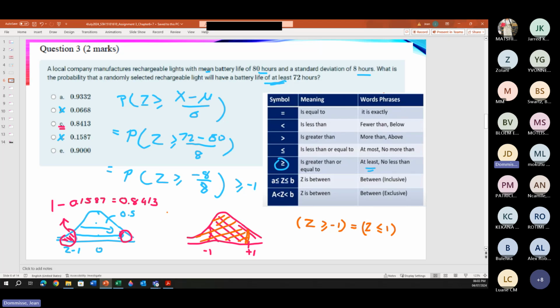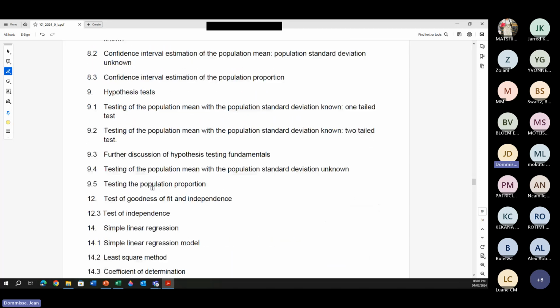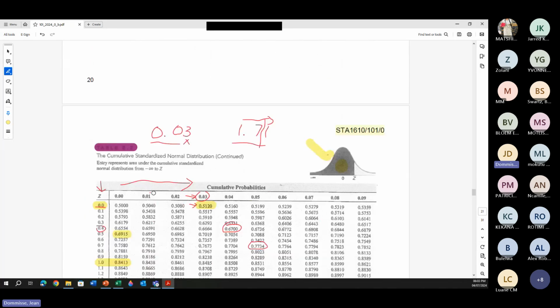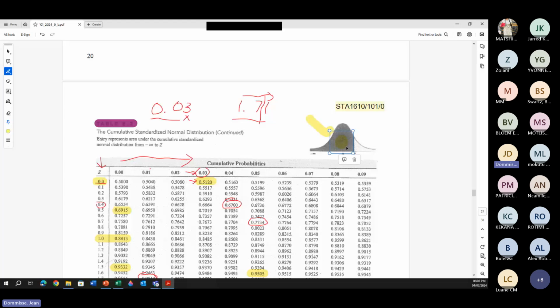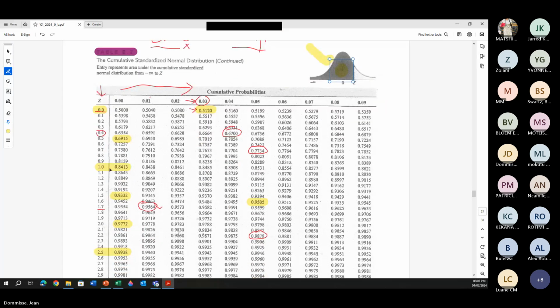So we could have just gone straight to the positive table of Z1 because we are also looking at this area, which you can see from the orange. So there we have just that same value of 0.8413.